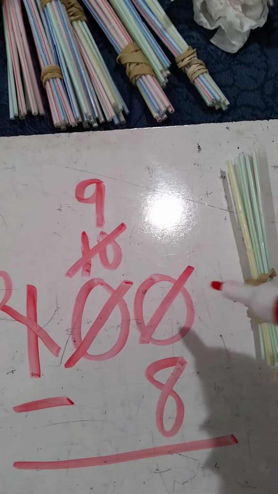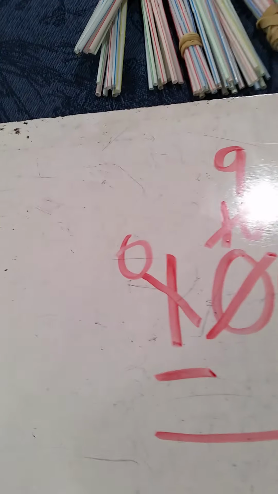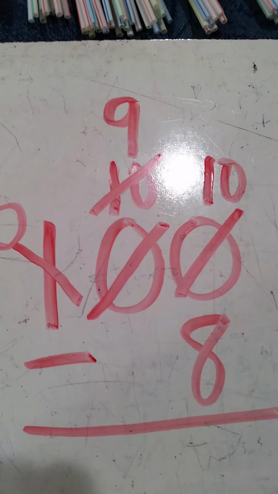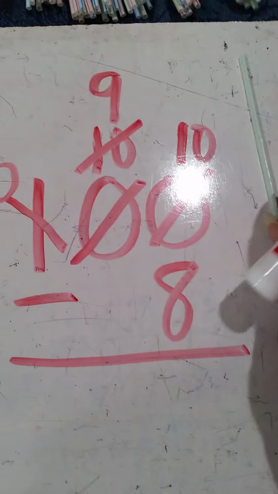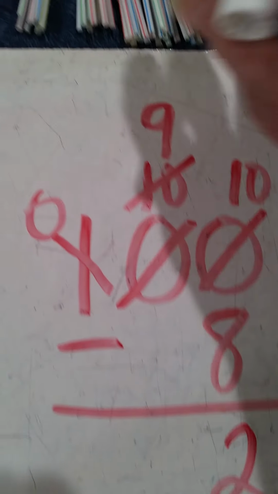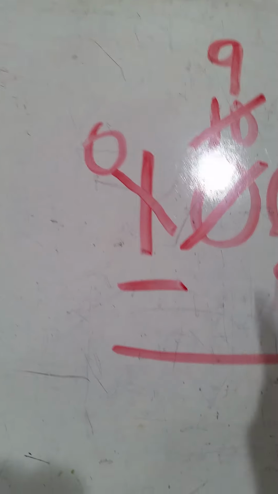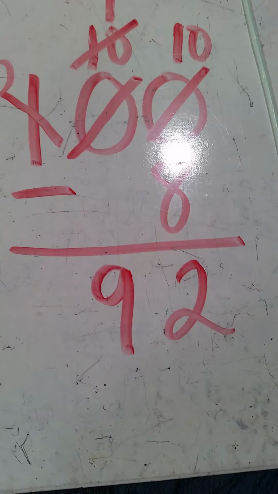So now instead of having 0, I now have 10 ones. Now I have enough to subtract. So if I take away 8 ones, that leaves me with 2. I have 9 tens. I don't have any tens to take away, so that leaves me with 8.